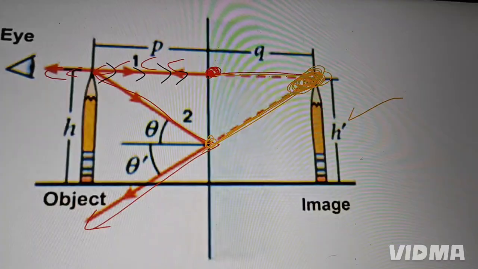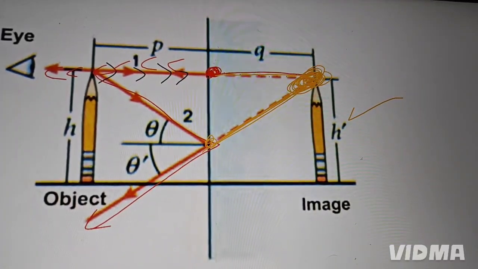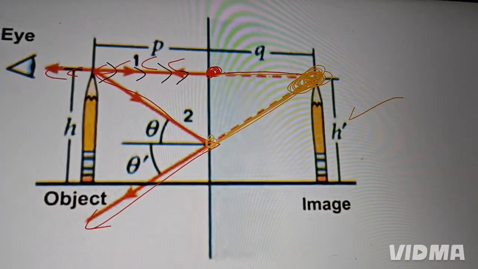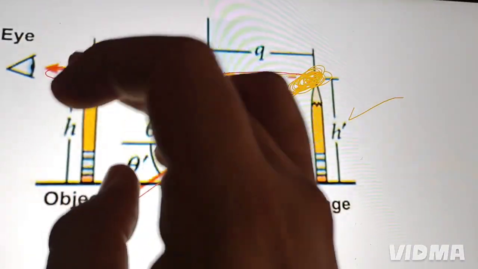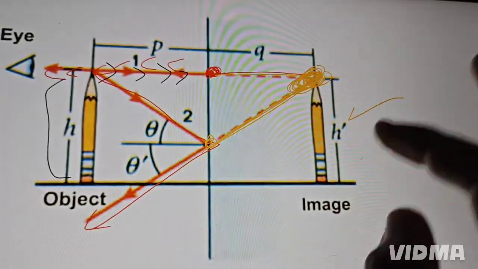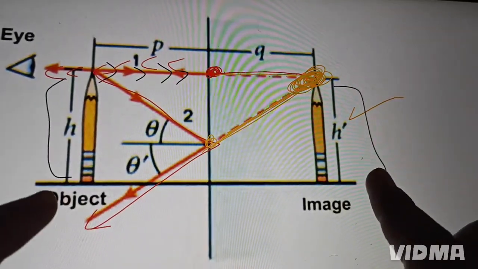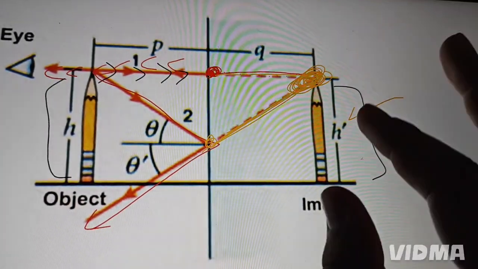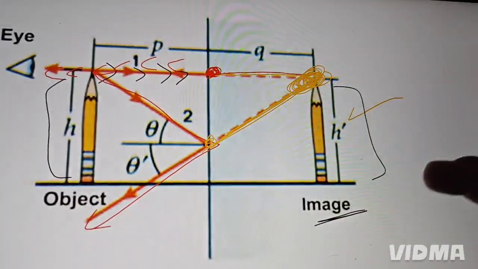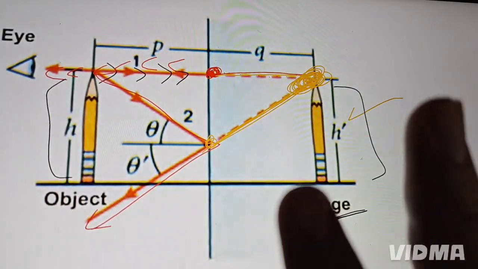So let me repeat the properties again. First, we said the image size and the object size are the same. Of course, look, the size of the pen is the same as the image size, without being smaller or larger.